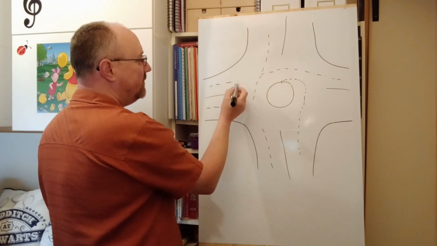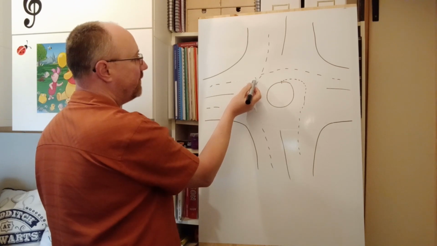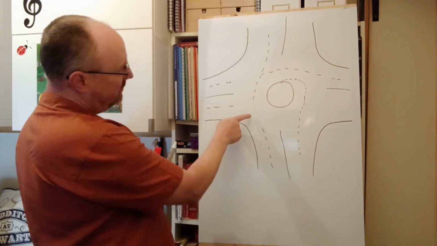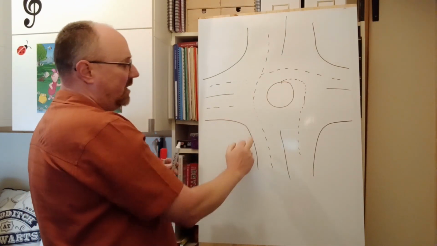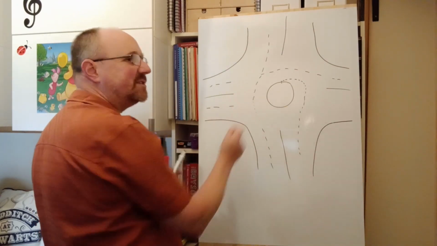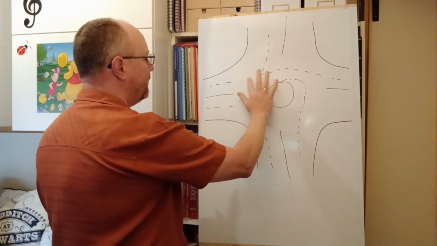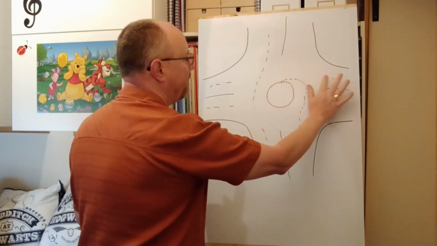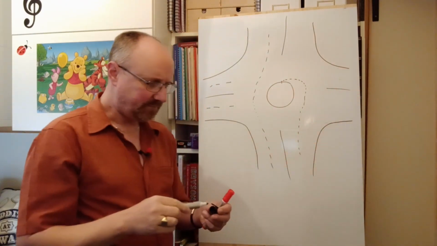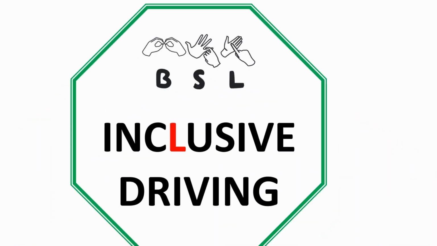What's often done is these are turned into dots, just as we've got here. Generally you are allowed to cross over dots, but you're not allowed to cross over the long lines. So that's the basic anatomy of a spiral roundabout.